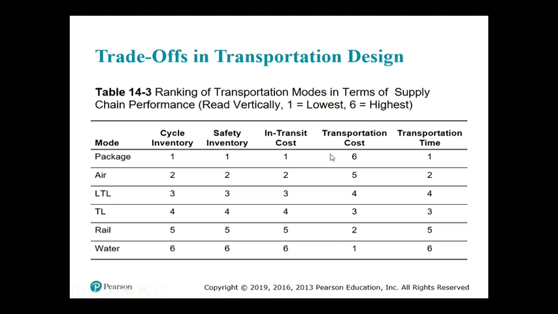It will lead to the highest level of transportation cost, but also shortens transportation time. And as we move down this list, inventory will increase, transportation cost will decrease, and response time will also increase.